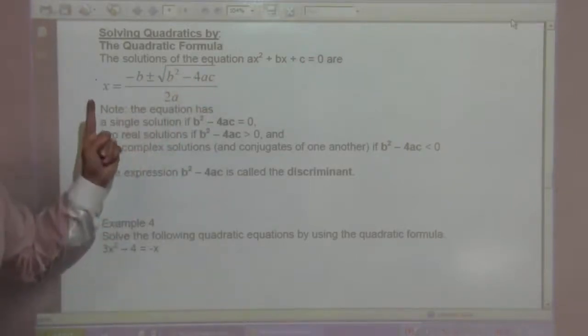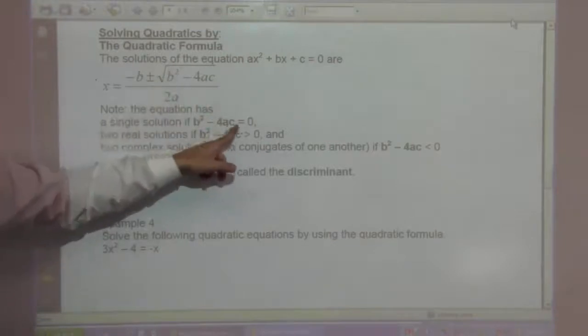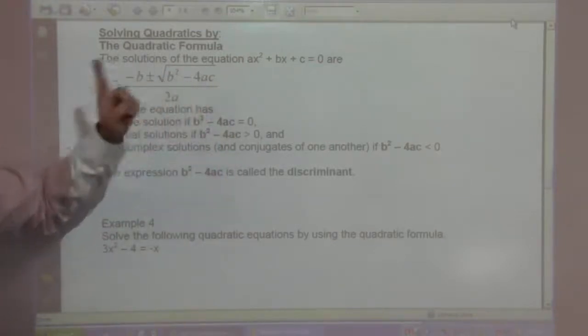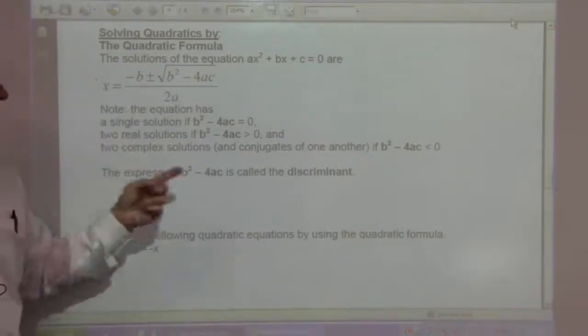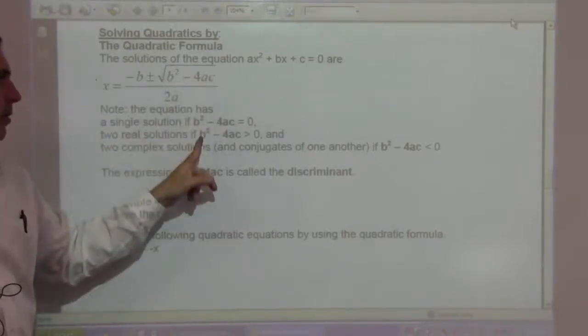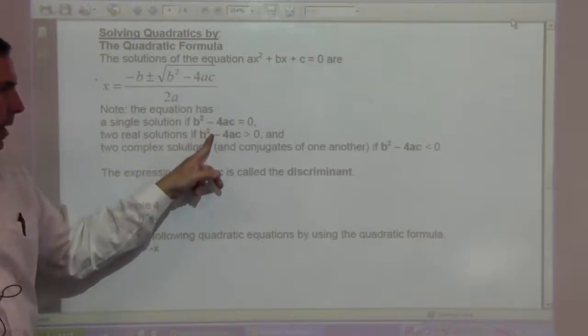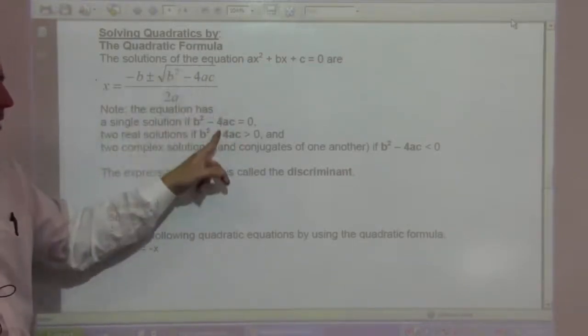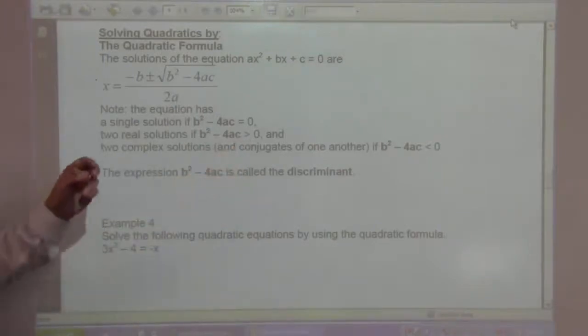And the equation has one solution if the part under the radical is 0. The b squared minus 4ac, that's called the discriminant. If that's 0, it has one solution. It has two solutions if the discriminant, b squared minus 4ac, is positive. That's two real solutions.